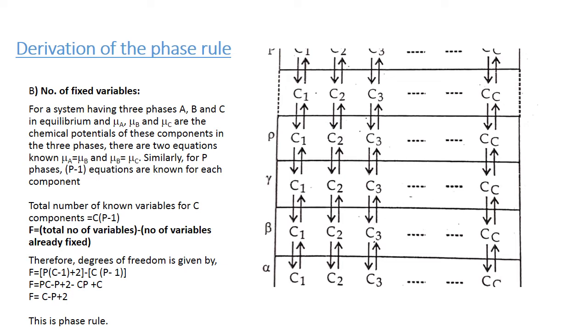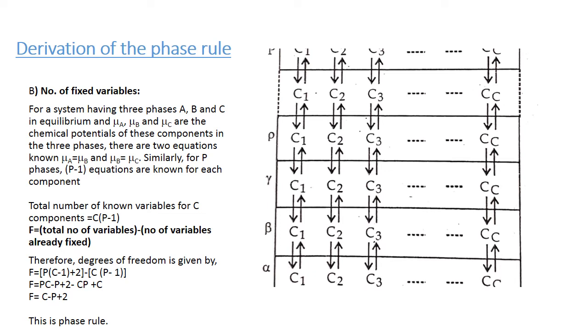Student, I am repeating this. We will calculate the number of fixed variables. Consider any three phase system in which mu A, mu B and mu C are the chemical potentials. For this system we get two equations, that is mu A is equal to mu B and mu B is equal to mu C. Means our system is three phase, so we get two equations.